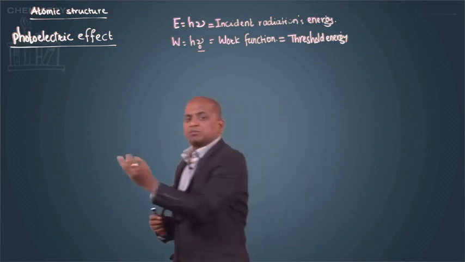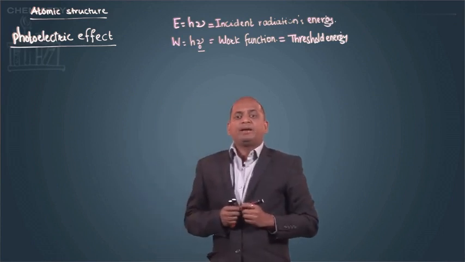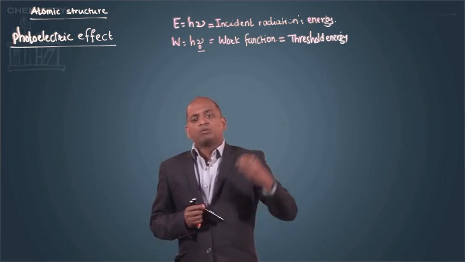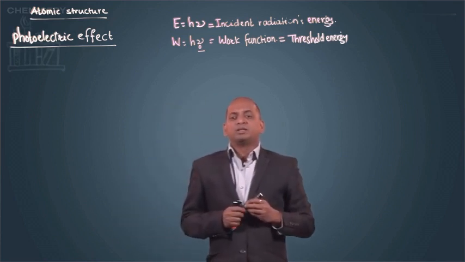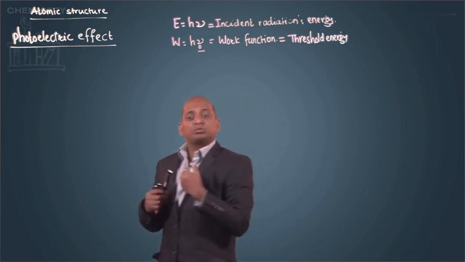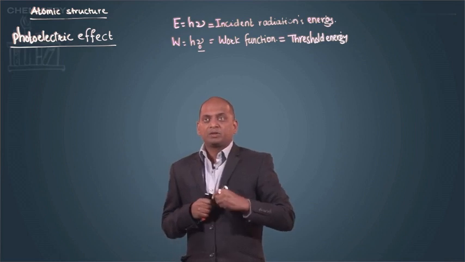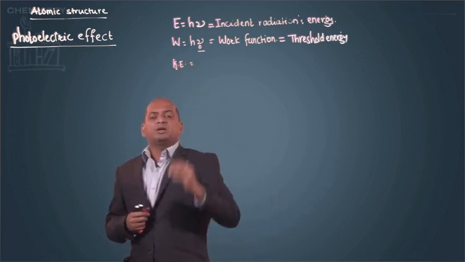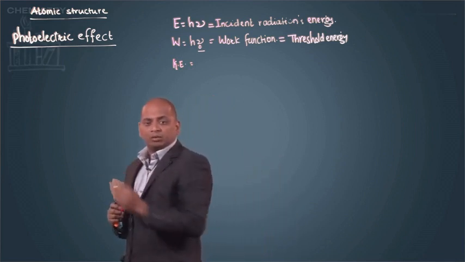Certain energy, W, is absorbed by the electron, and when it achieves that threshold energy, whatever extra energy is there is used to increase its kinetic energy, because the electron starts moving once it is ejected.